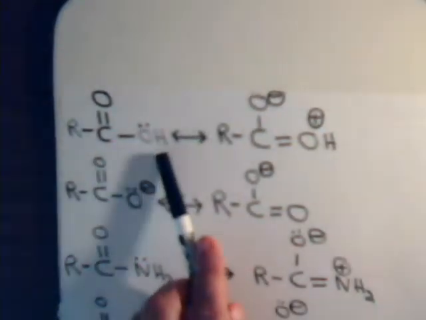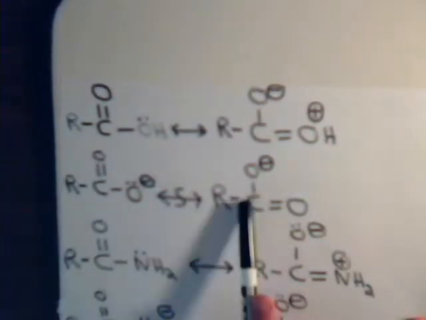Now, going back to the carboxylic acid, before it lost the proton, let's just go back to here. So when we're drawing the Lewis structures, it's like an exercise in how we can shift the different pi electrons amongst different atoms.